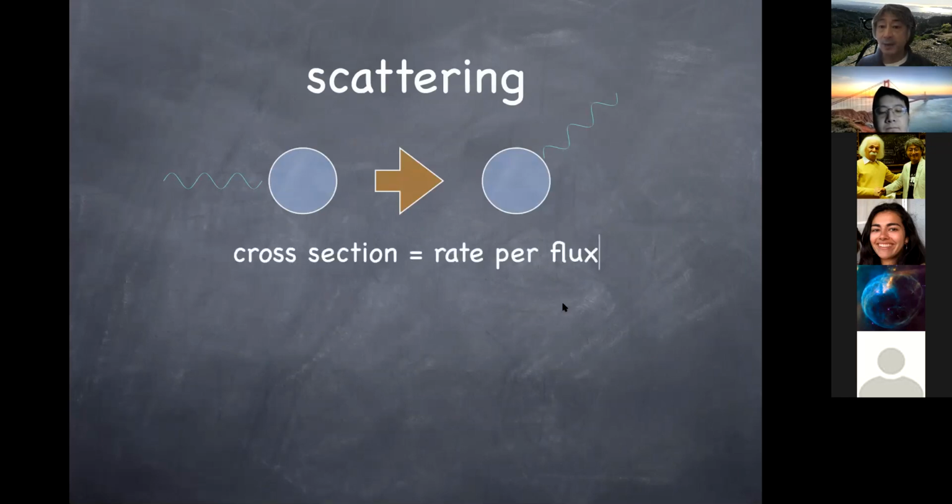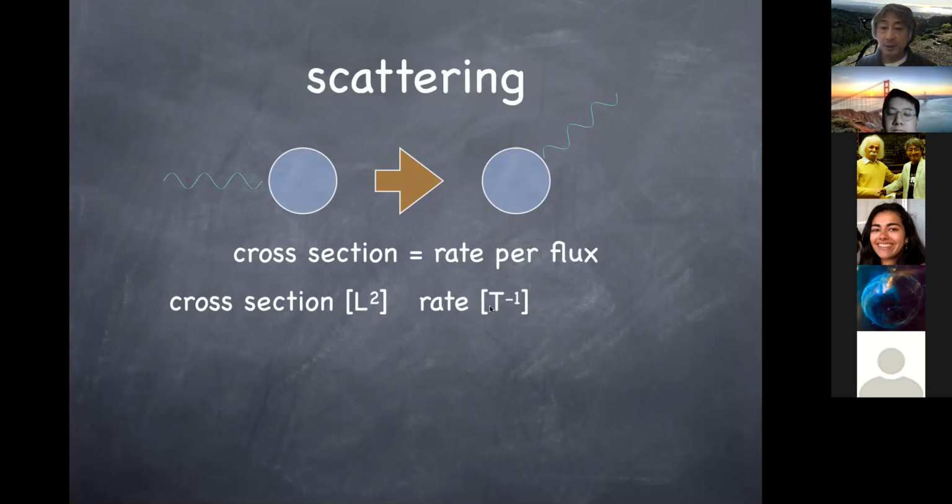In the case of a scattering process, you speak about a cross section. You may not be familiar with this expression. It is the rate of transition per unit flux of the photon coming in. The cross section has a unit of, really, cross section, namely length squared.